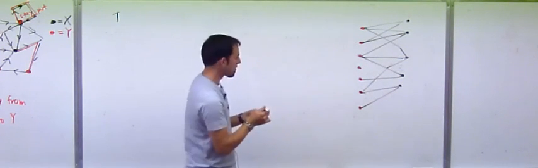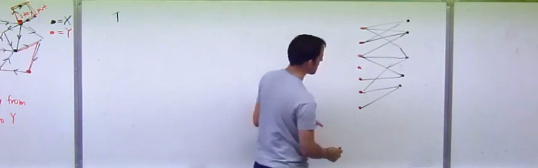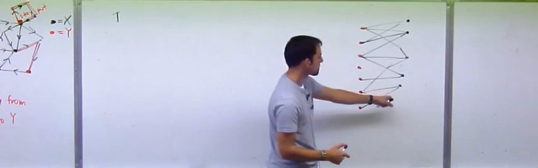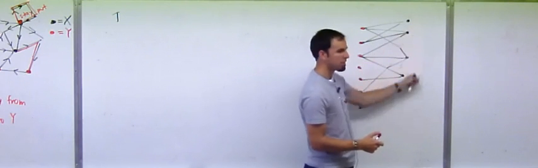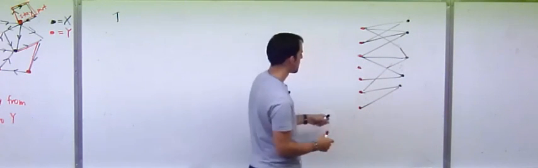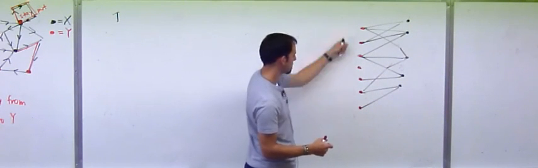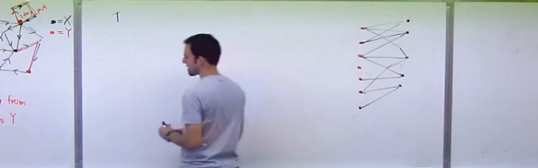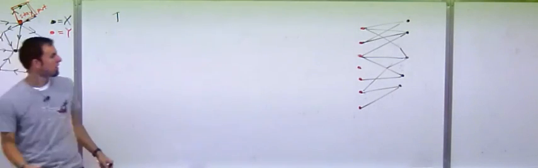And so remember, what is a basis? It's a subset of these guys that can be married to all of these guys. So that's a bad example, because this is impossible.